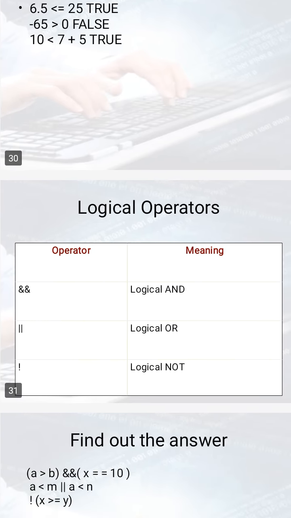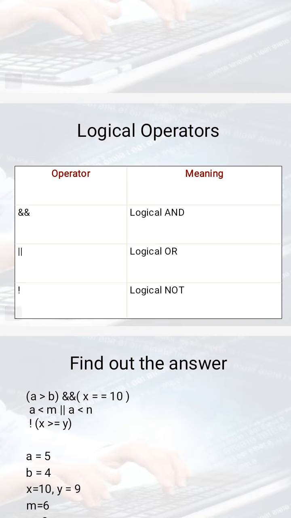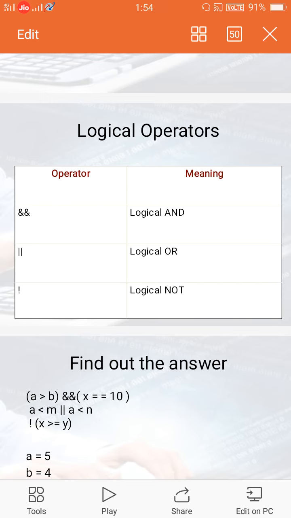Next, another operator is logical operators: logical AND, logical OR, and logical NOT. Logical AND means if both statements, both values, are true, then only the resultant value is true. Suppose we give two statements, both statements are true, then the resultant is true.